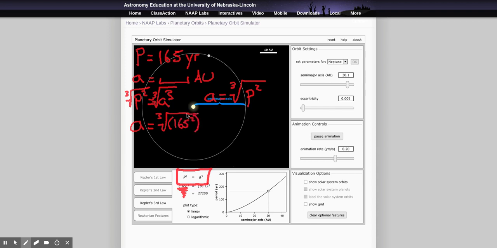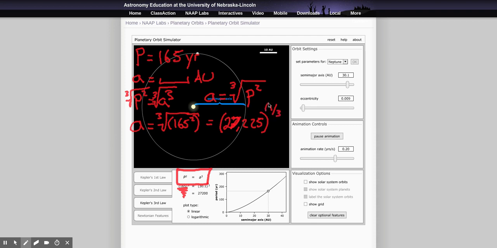Now, one way you could type that into your calculator: 165 squared is going to be a huge number, 27,225. So if I'm typing that in my calculator, I'd type 27,225 to the power of 1/3.